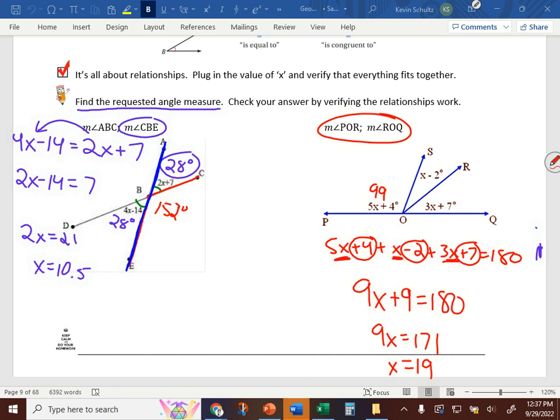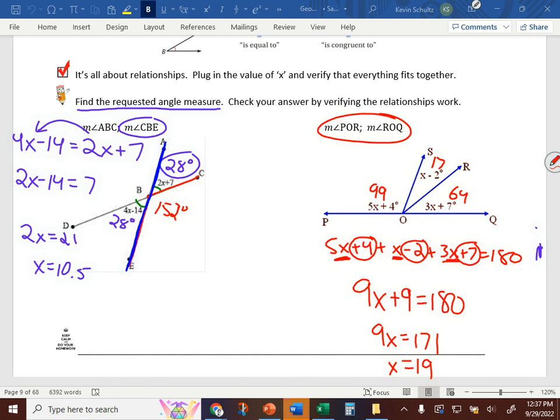What's the measure of SOR? 17. 19 minus 2. And what's the measure of ROQ? Ellen? 64. 3 times 19 plus 7. Okay? And you can check yourself by seeing if these three numbers add to be 180. Yes, they do. So you're right.